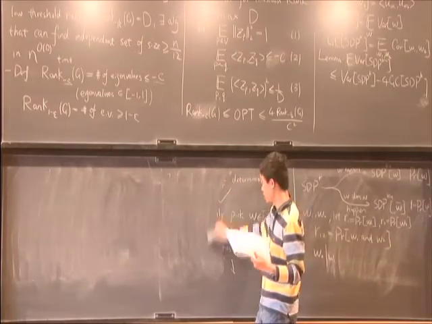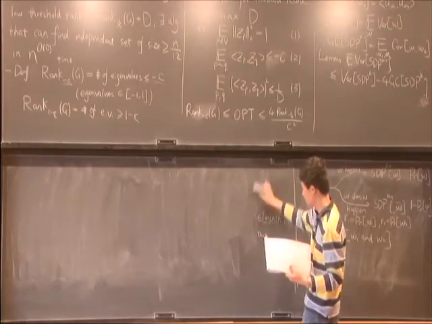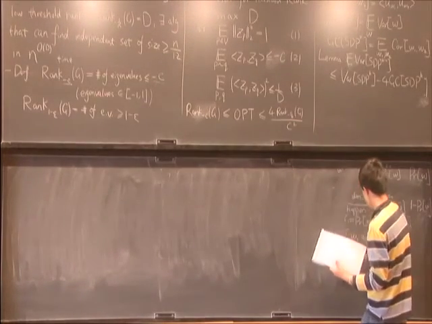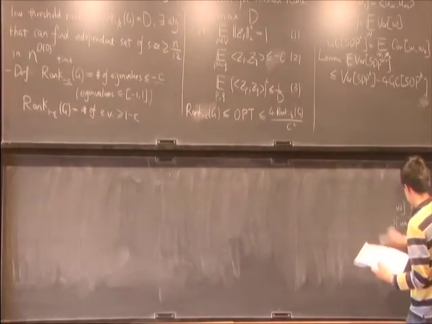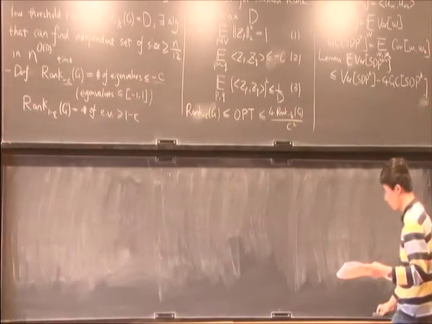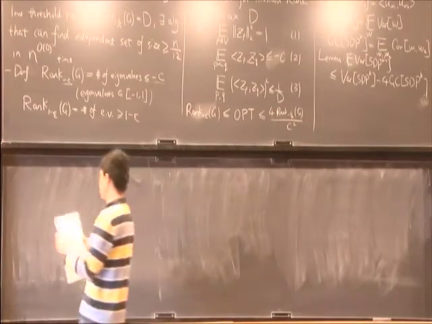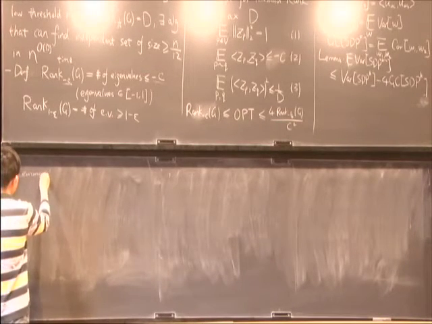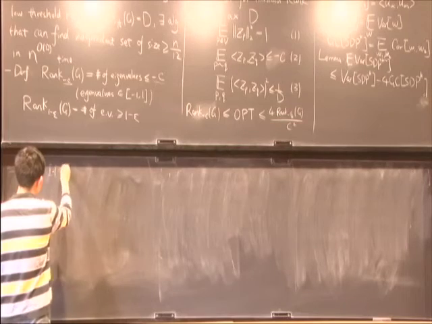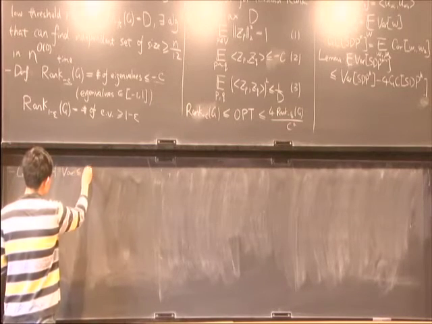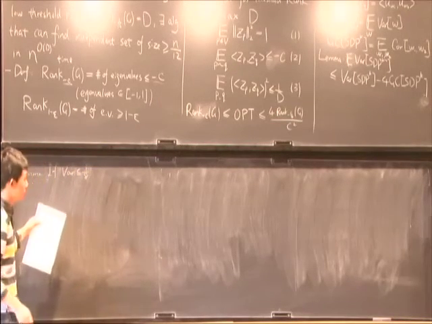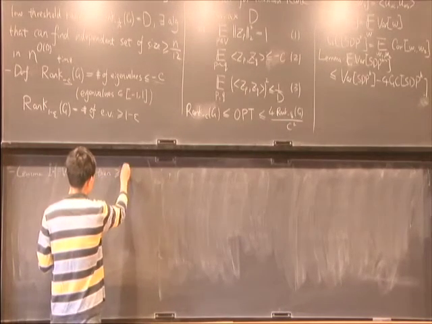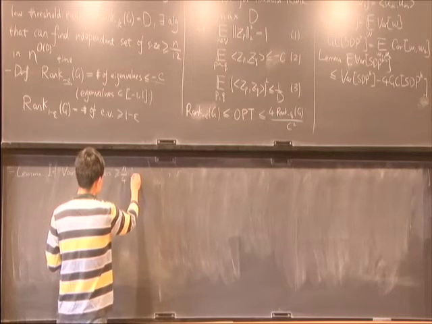Because if a vertex is not determined, its variance will be quite large. So there's a simple lemma that says if variance is small, then at least n over 4 vertices are determined.